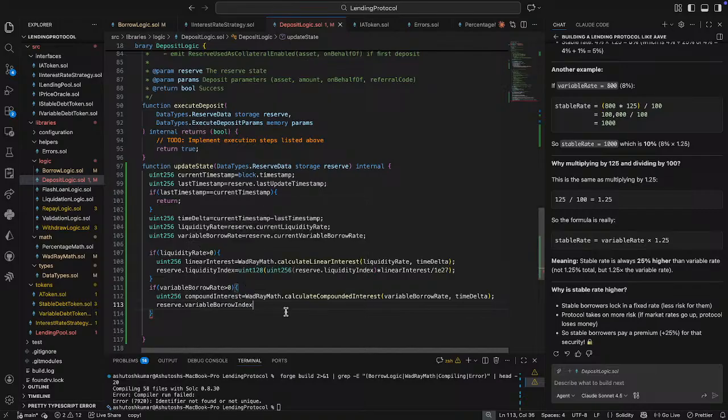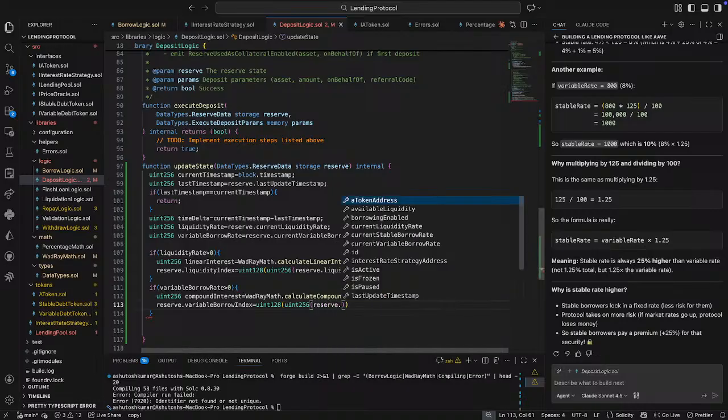Variable borrow index should be uint128 typecast. We have to typecast uint256, reserve dot available liquidity.